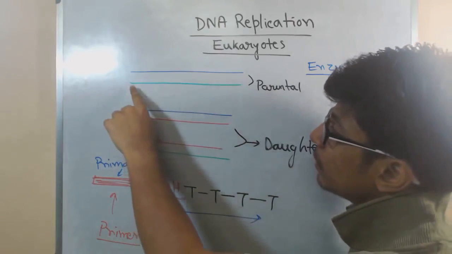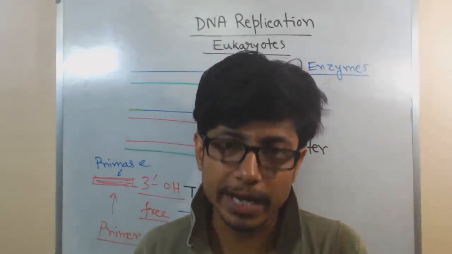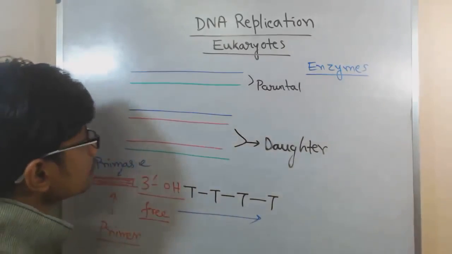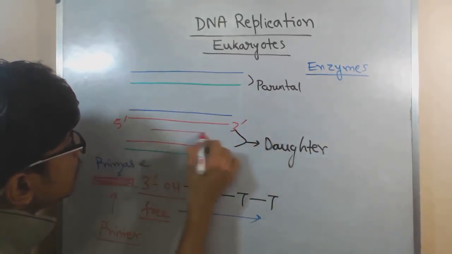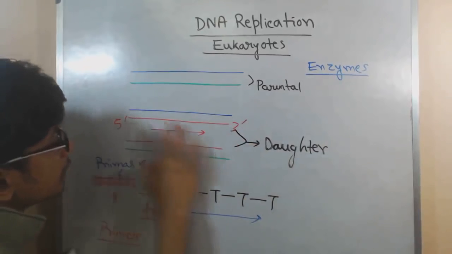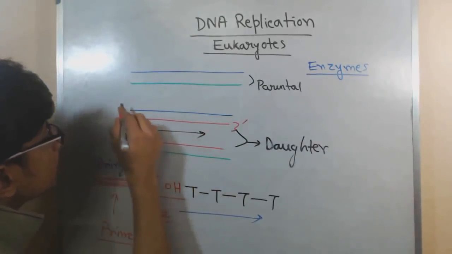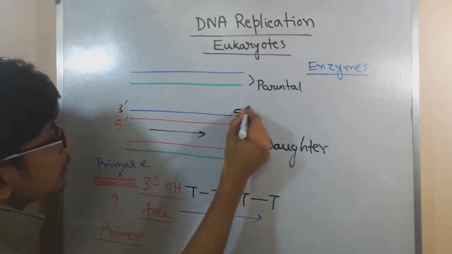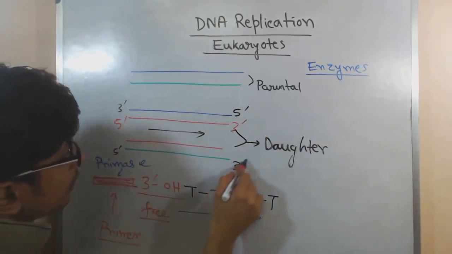Always the directionality will be 5' to 3' for the newly synthesizing strand. For example, if this is the 5' to 3', the synthesis direction will be this. So the opposite template strand is this.